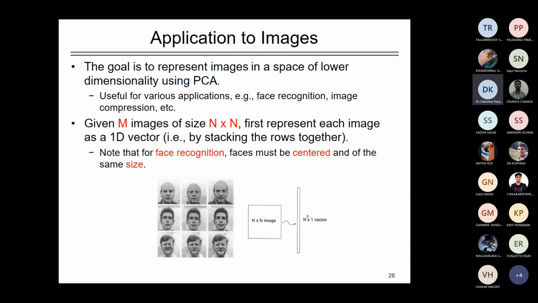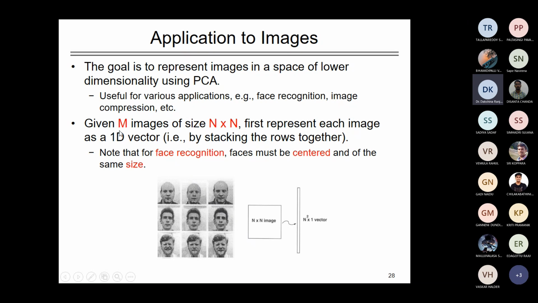Now here we can look at the application of principal component analysis to images. Let us consider we have been provided m number of images of n by n dimension.